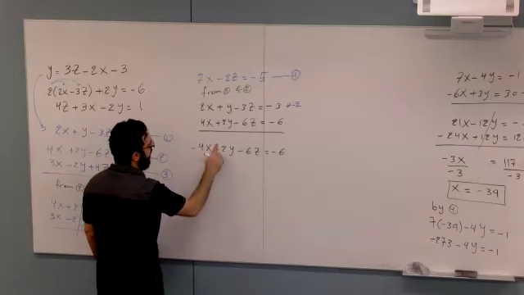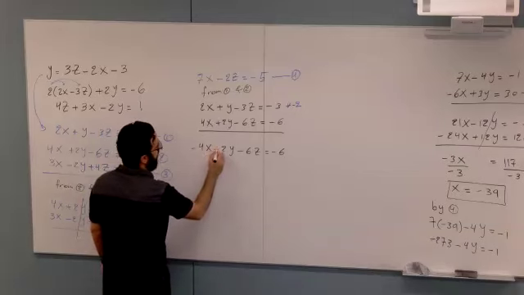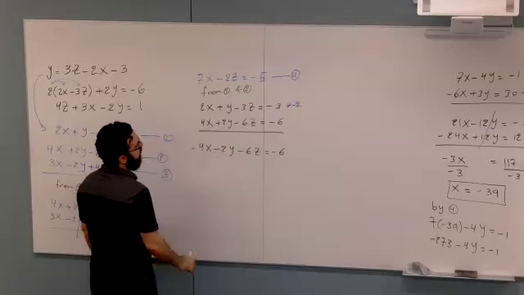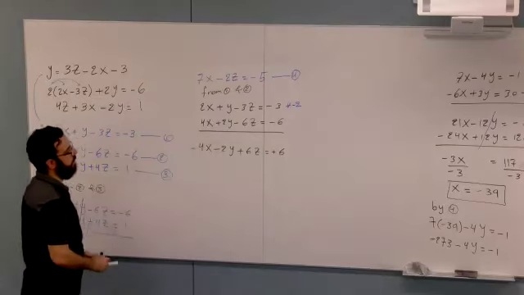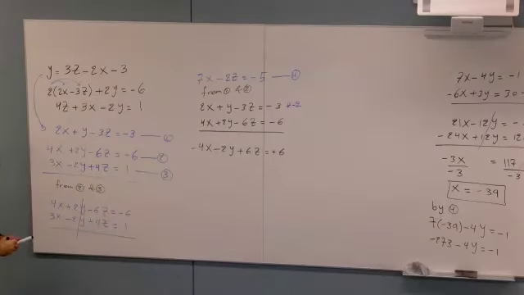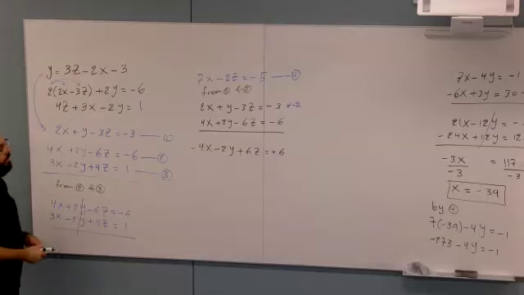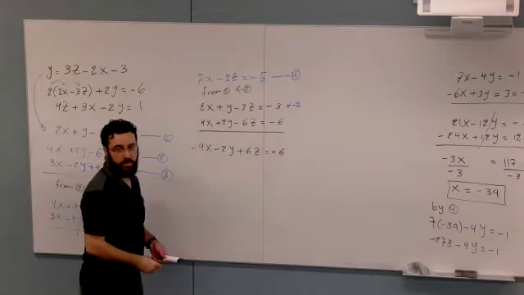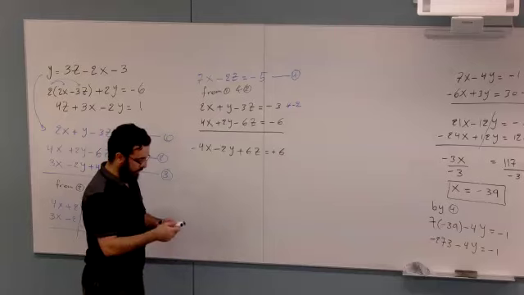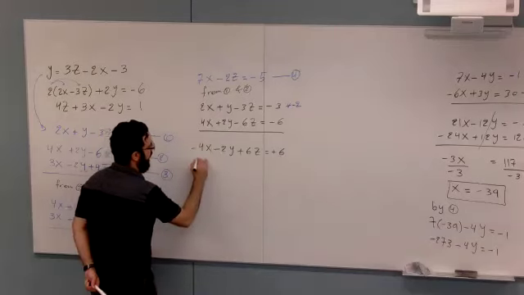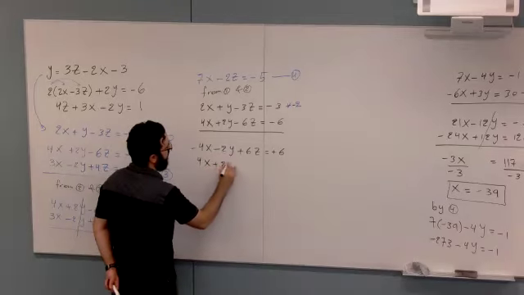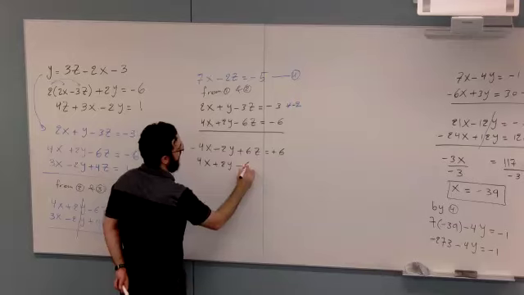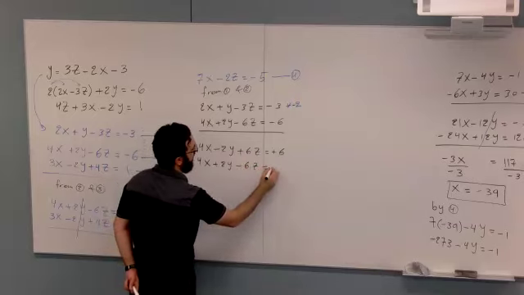So it's going to be negative 2 times the first equation: negative 4x minus 2y plus 6z equal positive 6. Is that okay? Yes or no? The second one is 4x plus 2y minus 6z equal what?